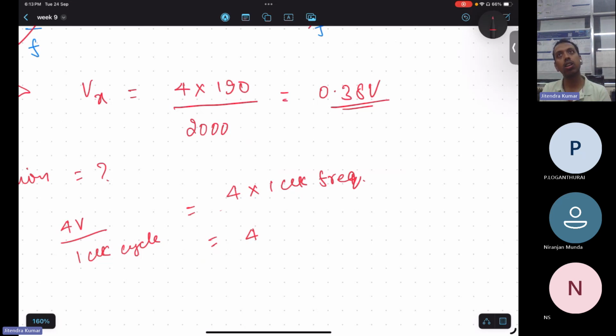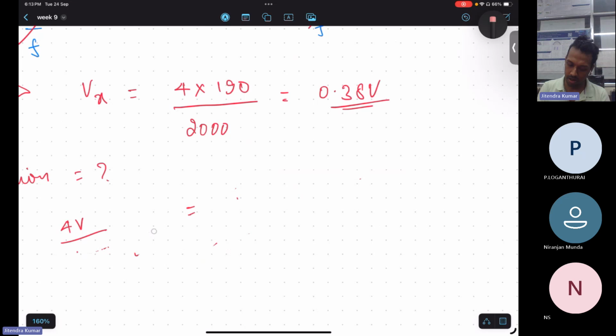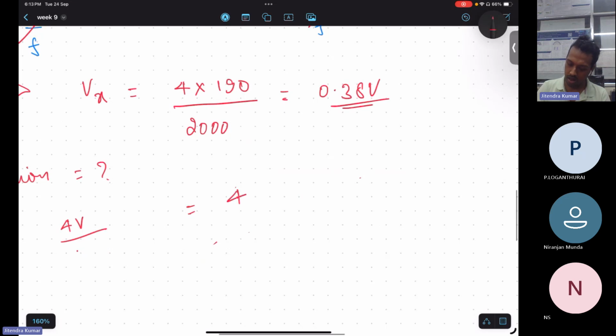4 volt divided by the clock frequency, 1 divided by 1 by 5 kilohertz.